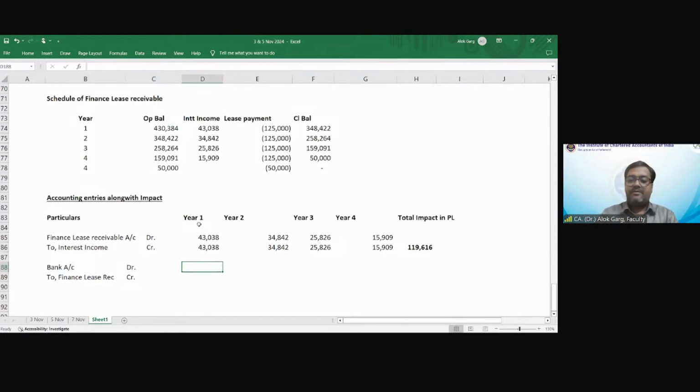What is the amount? 1,25,000. Year 4, 125, 125. Is that right? Plus 30,000. Okay, 155. Is that right?